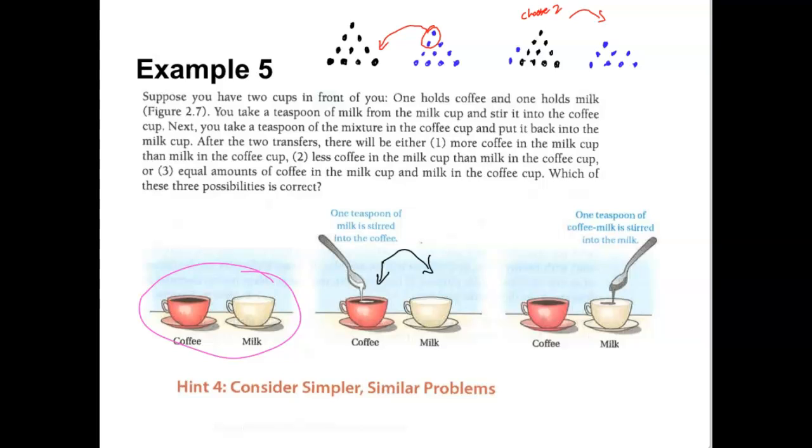So give me one situation that I could choose. I could choose 2 coffees, right? I'll go in with my spoon and I could scoop out 2 coffees, in which case those 2 come over here, and now I have this situation. So if that were the case, here's what it would look like after I stirred both of them up.